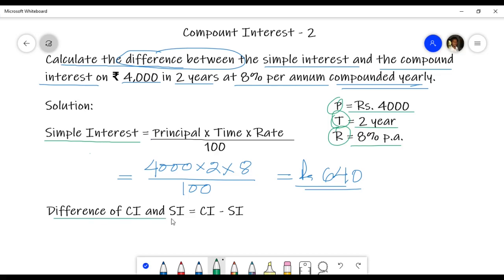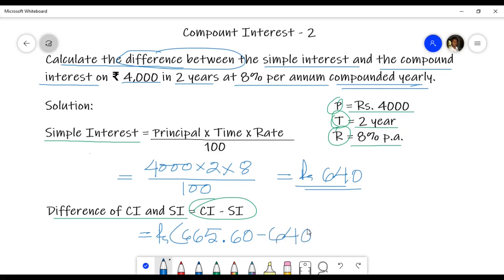Now we'll come to the conclusion of the solution of this problem. We have to find the difference of compound interest and simple interest, so that is compound interest minus simple interest. We'll replace the values. The compound interest that we calculated is rupees 665 and 60 paise, minus simple interest, that is 640.